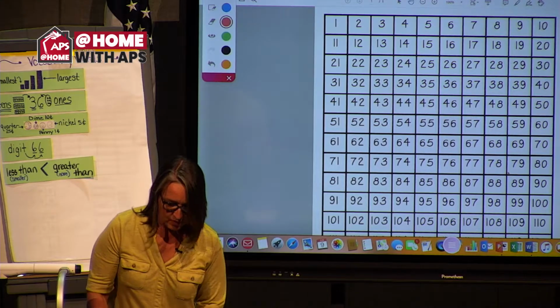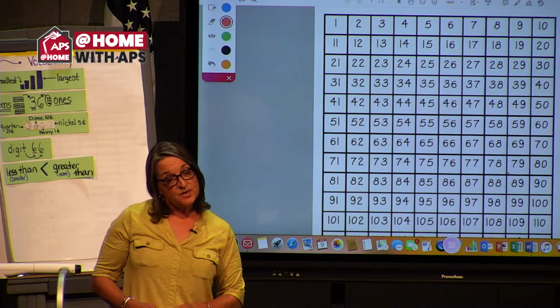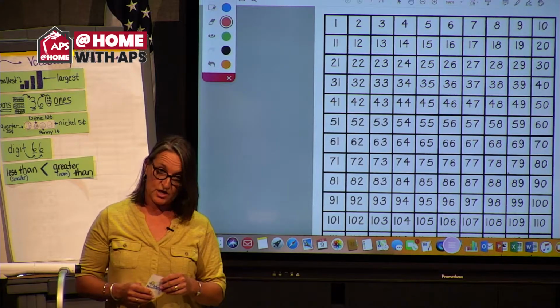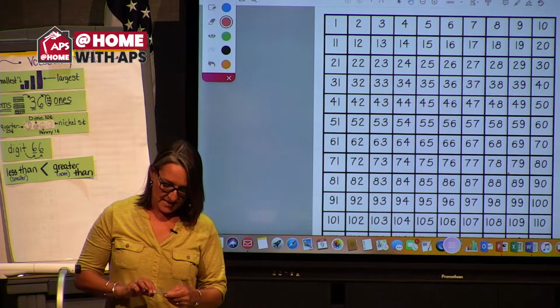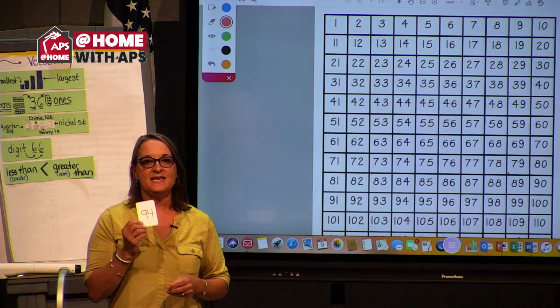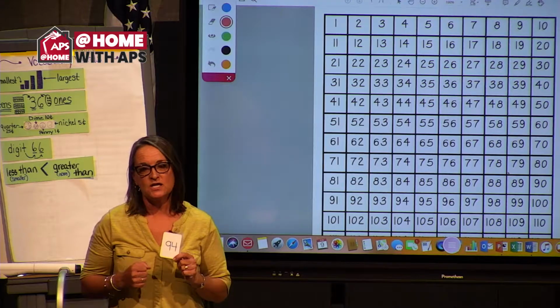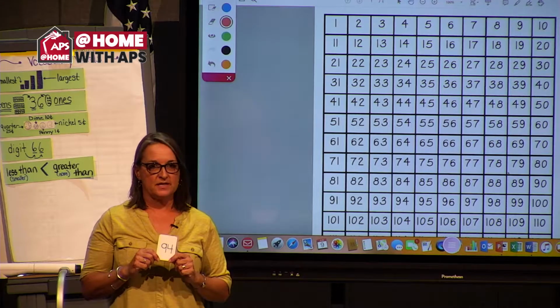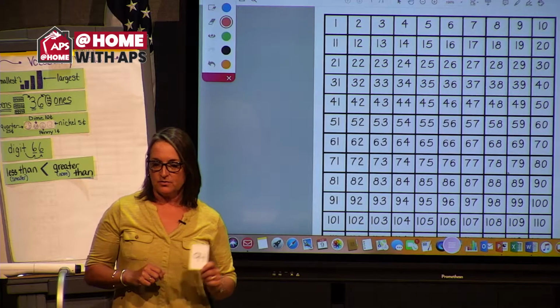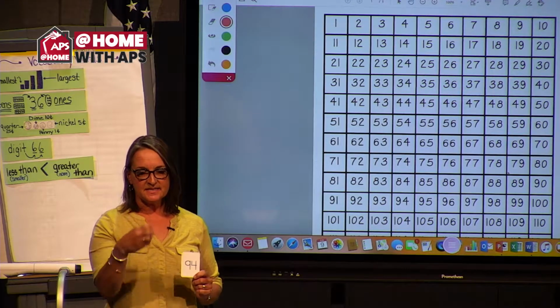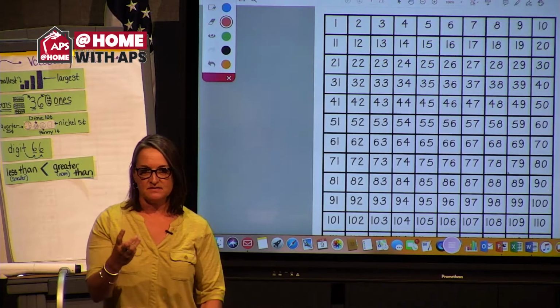Let's do one more, and then we're going to use this practice to help us fill out a hundreds chart number puzzle. My last card is 94. So I'm going to track my counts with my finger, and then I want you to track your next counts with your finger. So I have 94, 95, 96, 97.